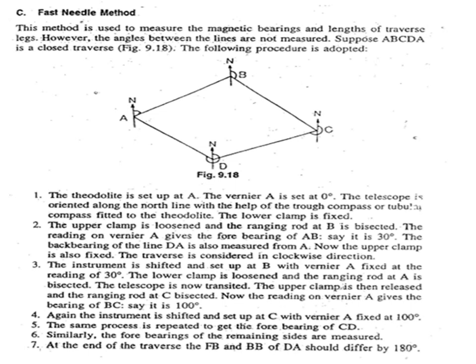Say it is 100 degree. Again the instrument is shifted and set up at C with vernier A fixed at 100 degree. The same process is repeated to get the fore bearing of CD. Similarly, the fore bearing of remaining sides are measured. At the end of traverse, the fore bearing and back bearing of DA should differ by 180 degree.